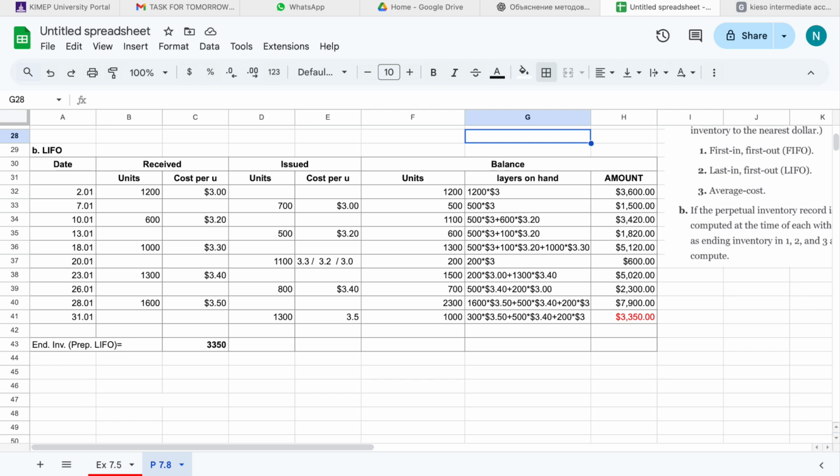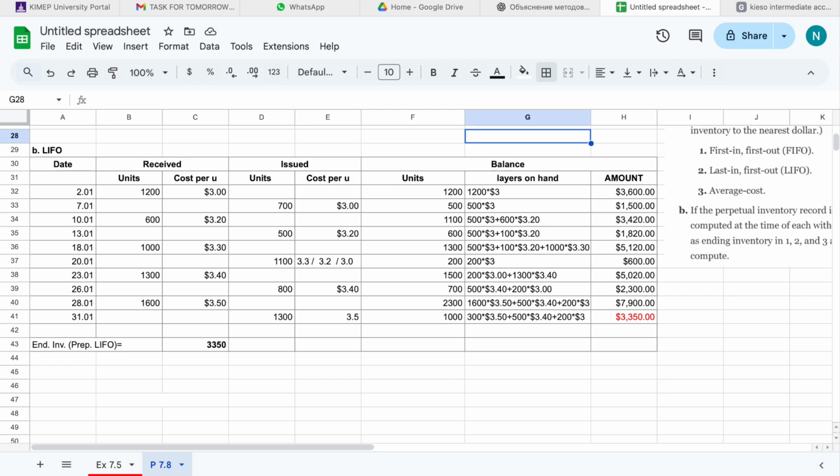On January 23rd, the records show us the buy of 1,300 units at 3.40. So layer 1 is 1,300 at 3.40 and the second is 200 at 3. So this is going to sum and give us an amount of 5,020.